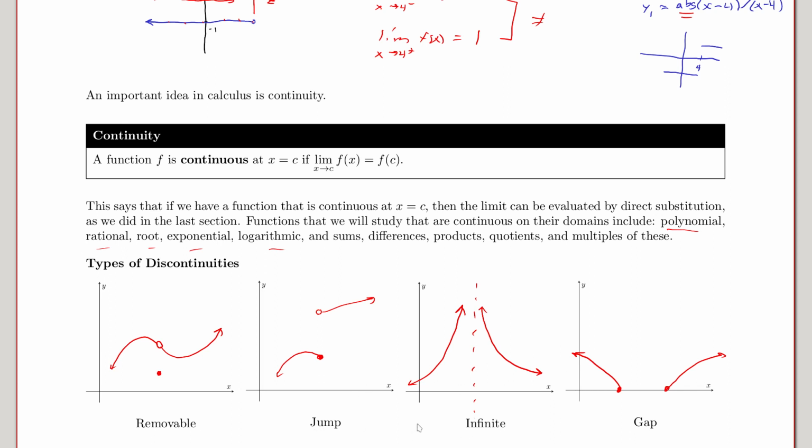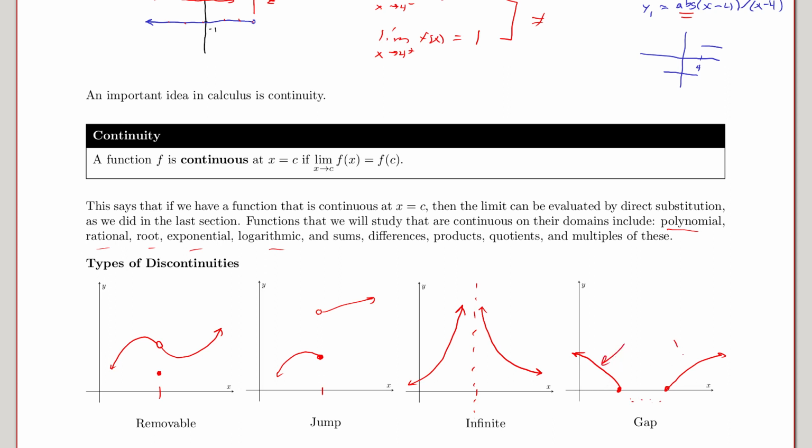Notice looking at a graph, it's pretty easy to tell whether you're discontinuous or not. You either lifted your pencil or you didn't to continue drawing the graph. So these are the four examples where things would fail. If you look everywhere else, aside from these values where we're discontinuous, this one again is a little bit different.